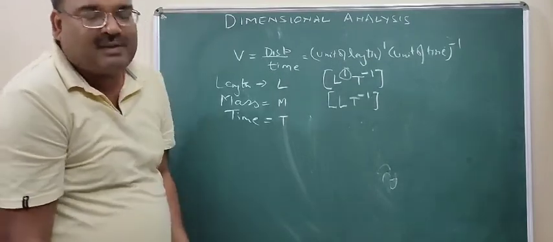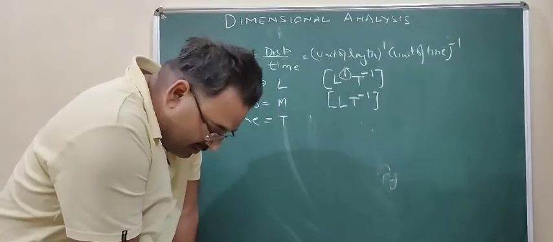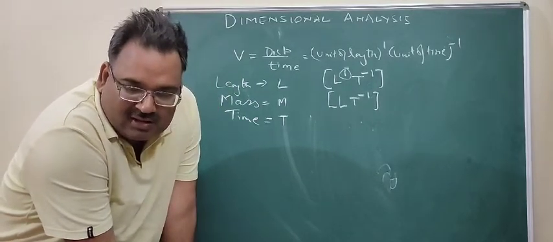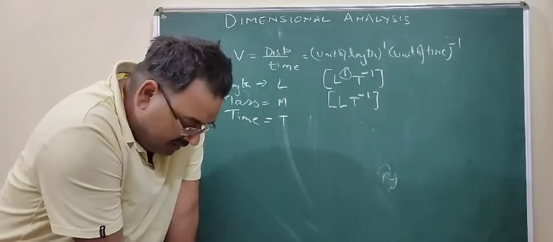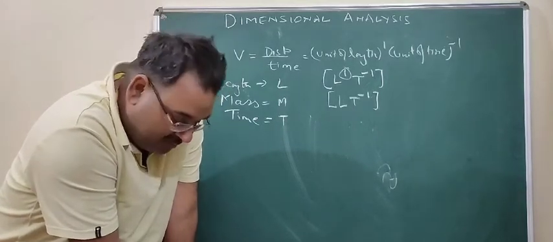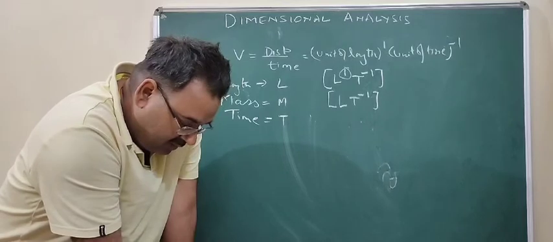Normally when we are expressing any physical quantity in its dimension, we use only three terms: length, mass and time. So length is represented by L, mass M, time T. Okay.